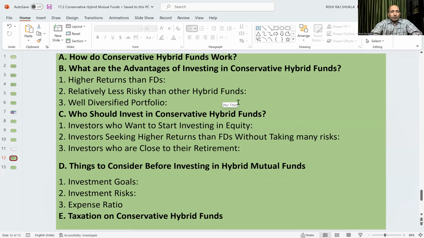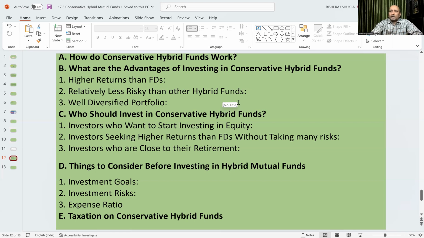Now, the second part is what are the advantages of investing in conservative hybrid funds? Of course, as discussed just now, the first one is higher returns than FDs. At least 75% to 90% of the invested portfolio is invested in instruments like commercial papers, CDs or certificates of deposit, treasury bills, government bonds, corporate bonds.